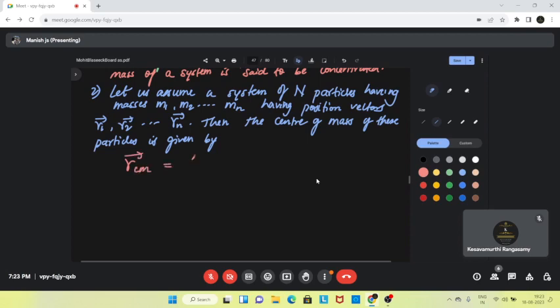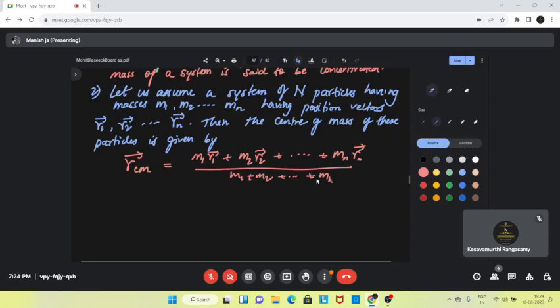is equal to M1 R1 bar plus M2 R2 bar, so it's the product of mass times its position vector from the point of origin, plus so on and so forth, plus Mn Rn bar, upon the sum of the entire masses, which is M1 plus M2 and so on up to Mn.